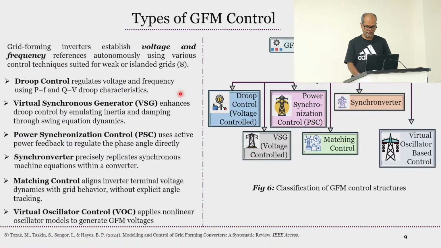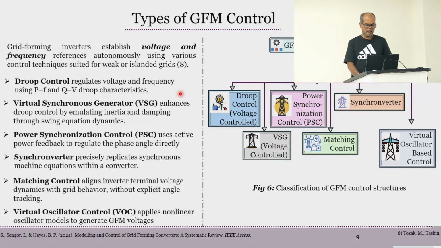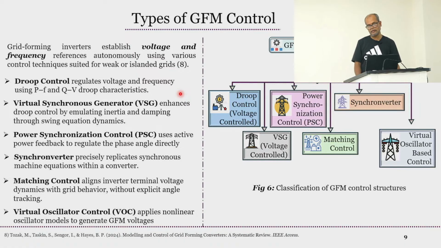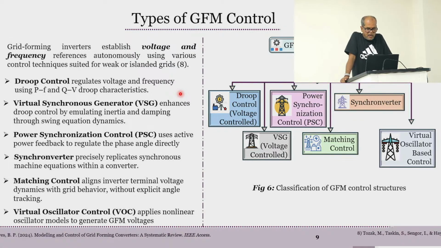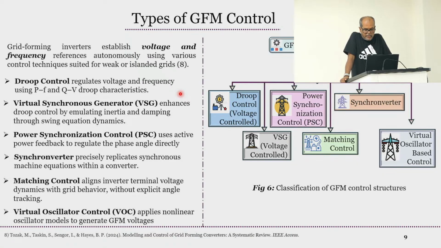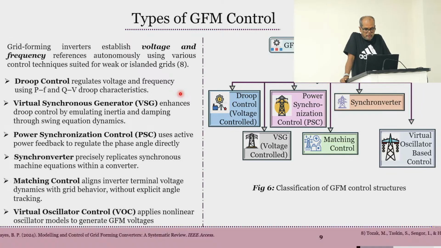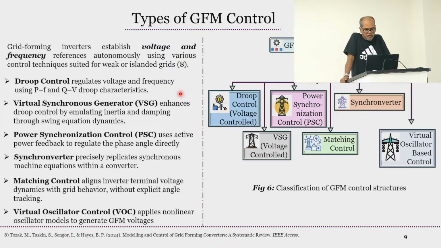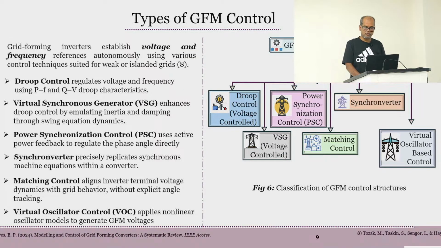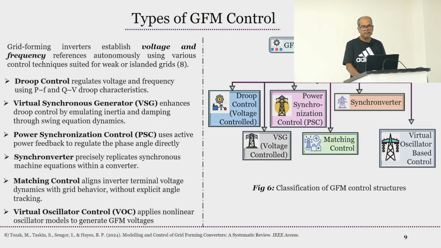So the difference is how we generate the reference. In terms of control algorithm, this is a voltage source, but droop control is also used here.